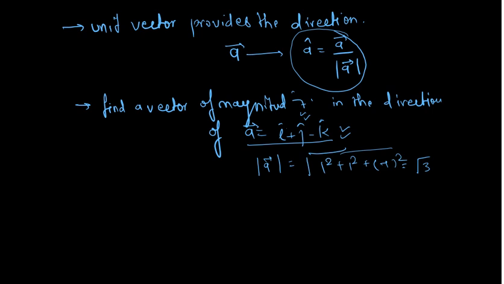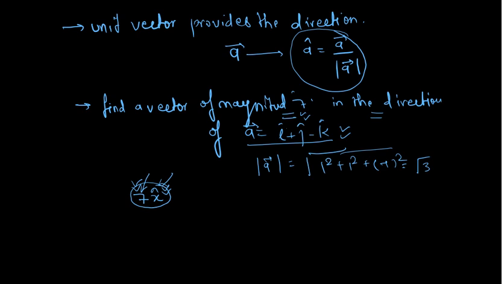If we want to calculate another vector whose magnitude is 7 and we want to find its direction, then suppose the vector has magnitude 7 and its direction is x cap. The magnitude is already available in the question, but we require the direction, and the question says the direction should be that of a vector.